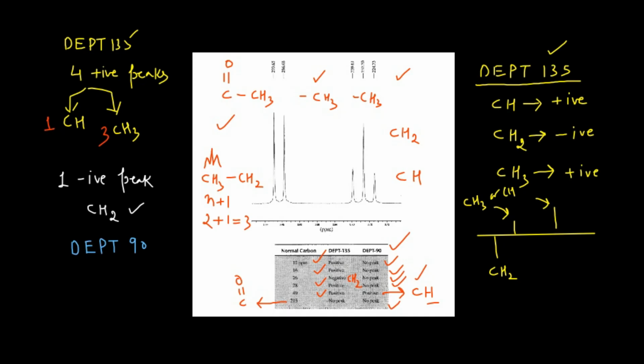So this is how you can get the triplet. So now you have confirmed the connection between these two. That means you are having CH3 and CH2 as well. Okay, and then you are having one CH this one and CH3 this one.